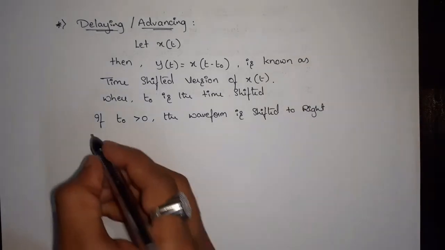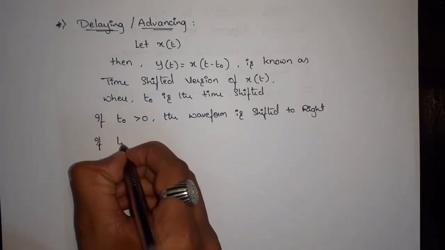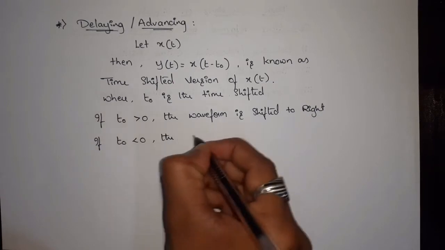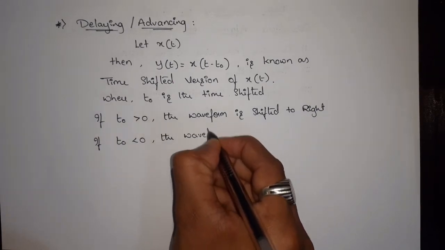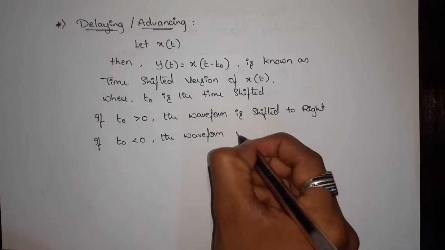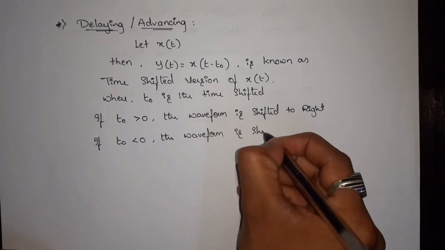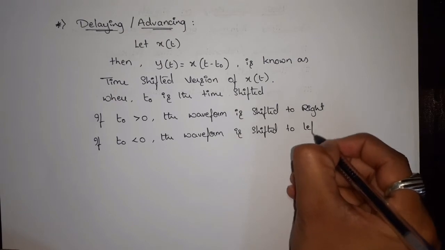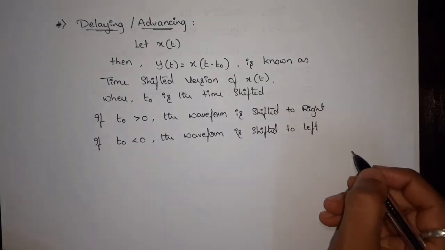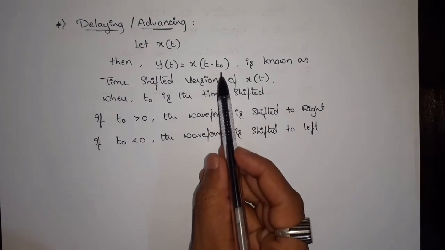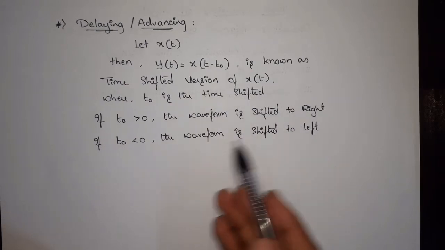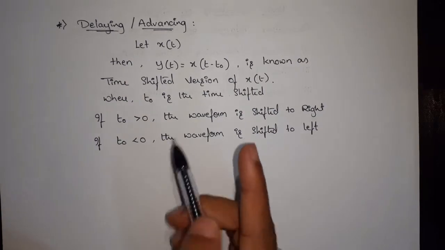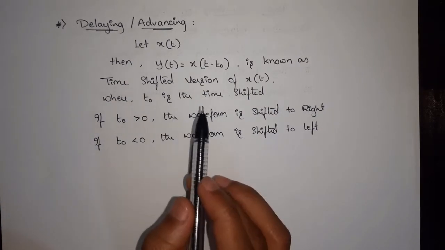If t naught is less than 0, then the waveform is shifted to the left side. If the value of t naught is -1 or -2, then the waveform will be shifted to the left side.